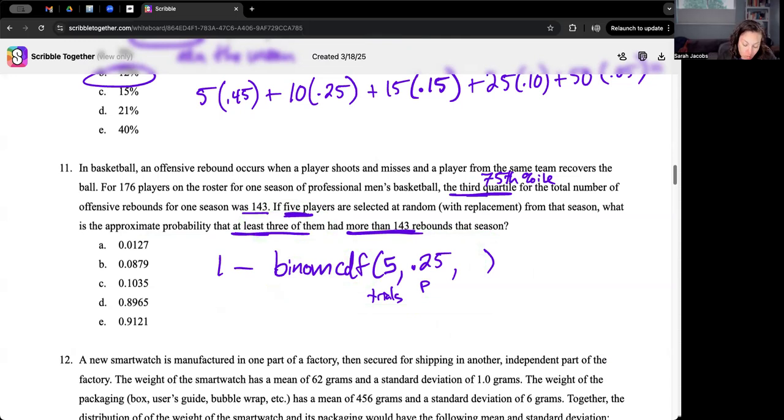So at least 3 includes 3. So we're subtracting this, we don't want to take out 3. We want to take out what's below 3. So we're going to put a 2 there. When we do that, we're going to get 1 minus binomial CDF, 5 trials, 25% probability, x value of 2, and we get 0.1035.